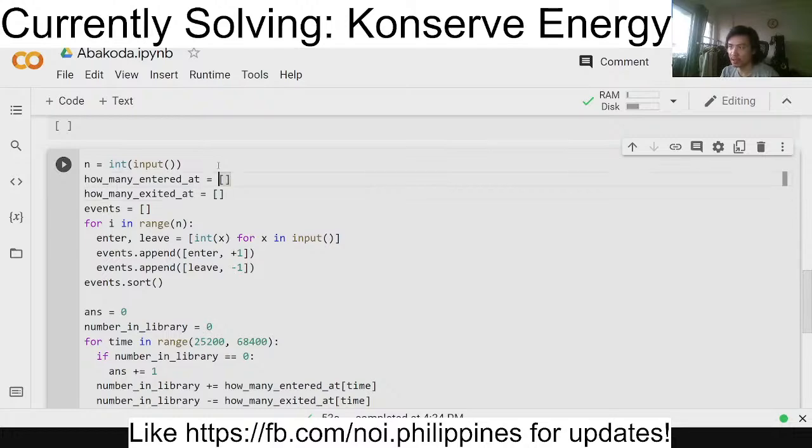Okay, and I know that before I've read any of the data about the n people, there's 0 people entering and exiting at all times. Okay, let's add +1 to be sure.